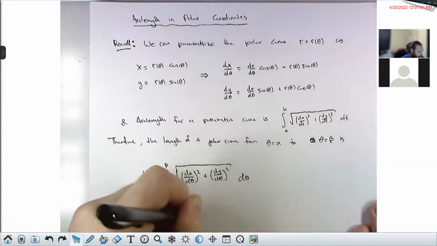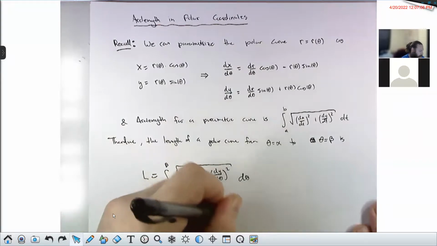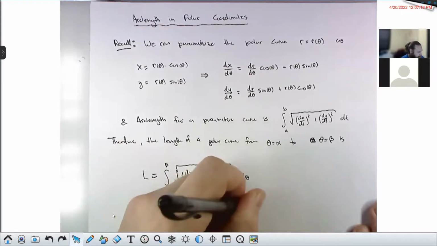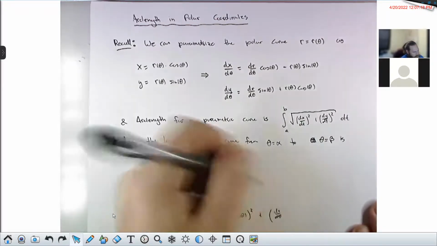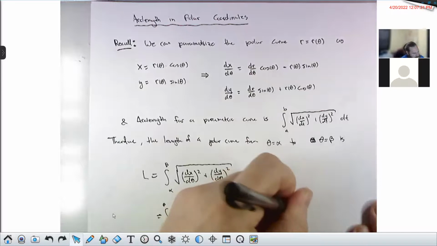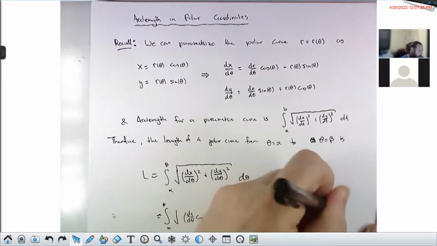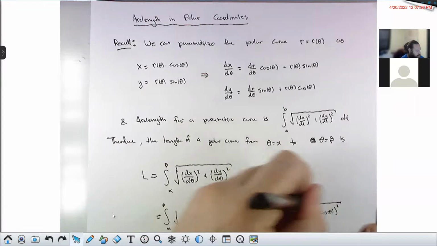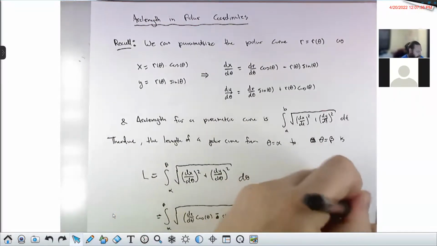That's dr d theta cos theta minus r of theta sine theta, squared, plus dr d theta sine theta plus r of theta cos theta, all squared, all under the square root, with the d theta at the end.